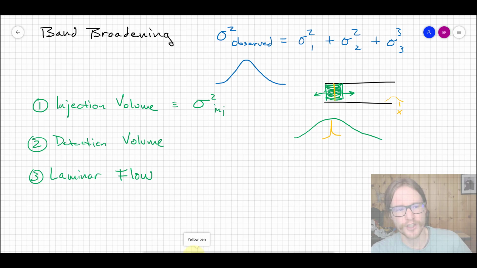So we're sort of constrained in terms of our injection volume by some minimum based on the detection scheme that we employ. So these two things are intimately related, where we have to have a minimum injection volume to have a reasonable detection volume, but we want to minimize the injection volume to minimize this contribution, this parameter to the broadening effect.